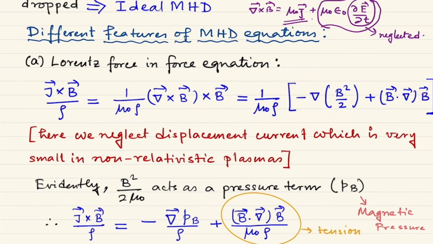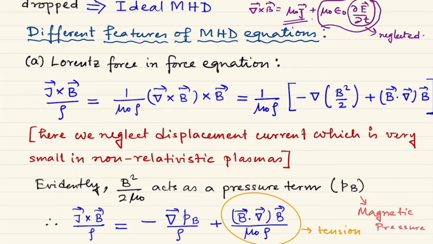Okay, so once I write the whole thing in this form, you now see that I have mu 0 over rho times minus gradient of B square by 2 plus B dot nabla B. Now mu 0 can be taken inside, so it will be minus gradient of B square by 2 mu 0 by rho. And what does that look like?